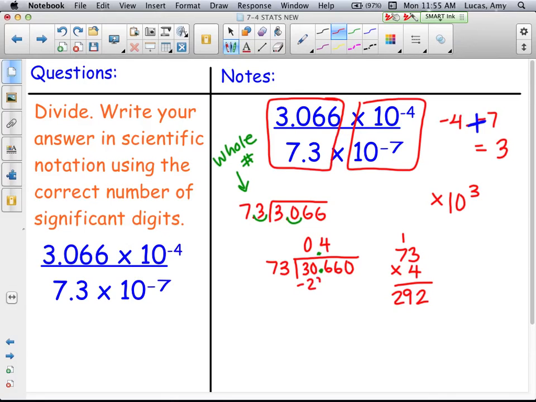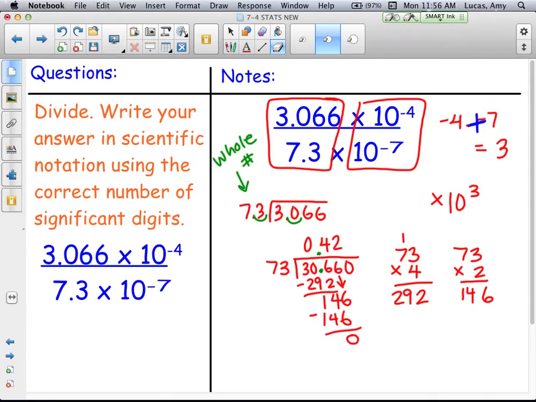So 292. 6 minus 2 is 4, and 30 minus 29 is 1. Now I can bring down my 6, and 73 times 2 should give me 146. Perfect. So 2, and no remainder. So again, I did not need my extra 0.